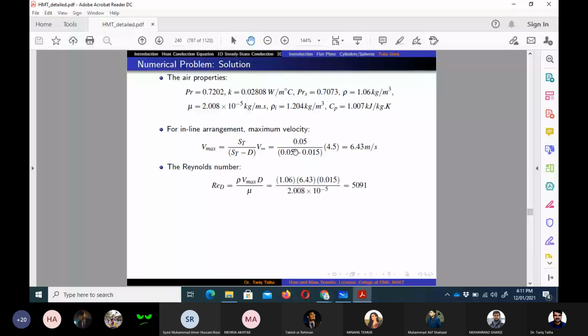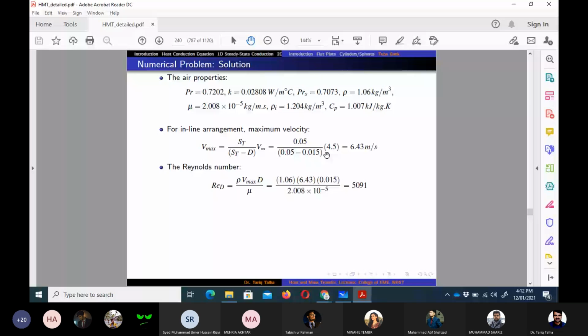If it comes out less than 4.5, you have done something wrong in either the calculation or the formula. It should always be more than the approach velocity, or free stream velocity, which is 4.5. Now if we determine the Reynolds number, it comes out to be 5091.